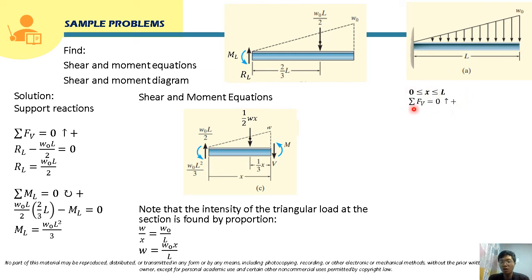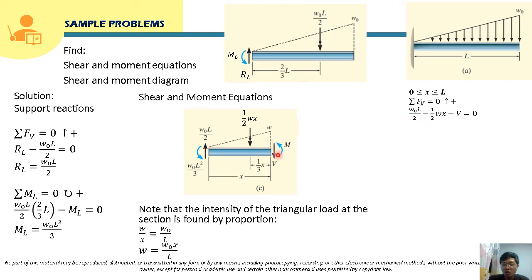So summing up forces vertical here, from this free body diagram, this will just be W sub O L over 2. This is upward, so it is positive here. And then for the equivalent point load, this is 1/2 W. The value of W is W sub O times X over L, so we will substitute that here. This is downward, so it is negative here.